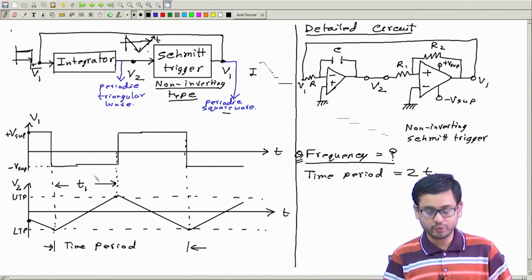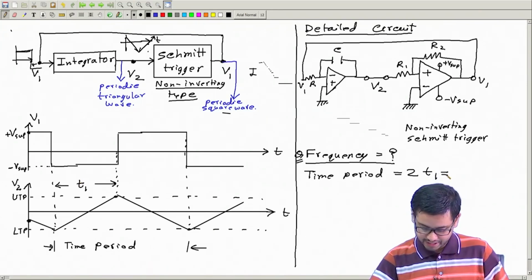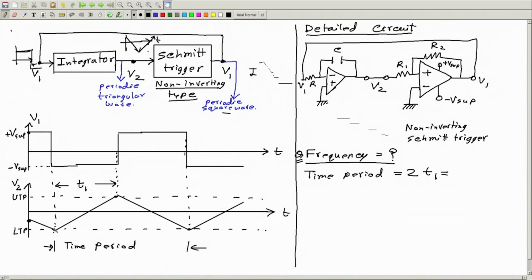Now how much is T1? I can write this as the time required for V2 to go from LTP to UTP, which is the same as the change in voltage, UTP minus LTP, divided by the slope of V2, or the rate at which it increases. This multiplied by 2.